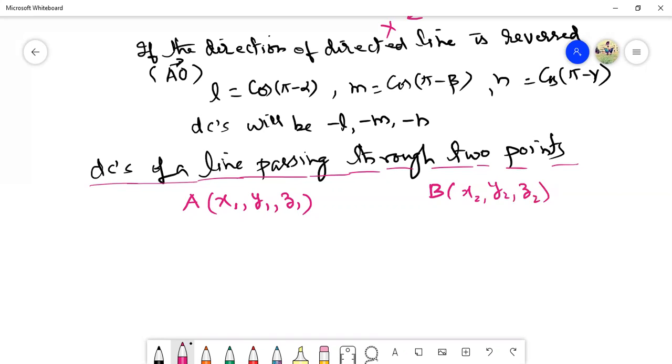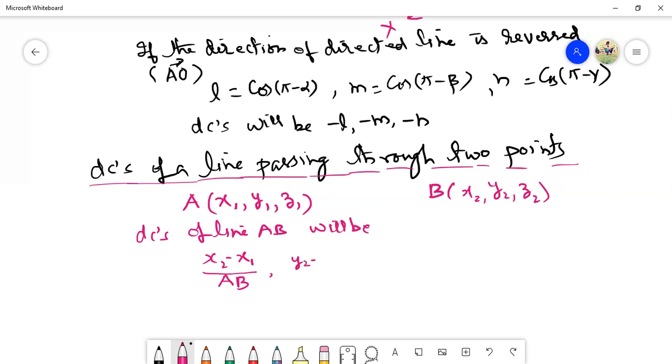So the DCs of the line AB can be calculated by the difference of their coordinates divided by the length of the line AB. AB is the distance between the 2 points, that is, the length of this line segment.